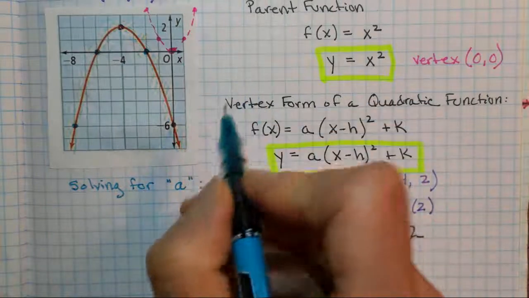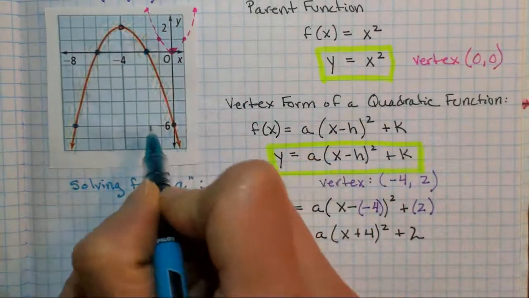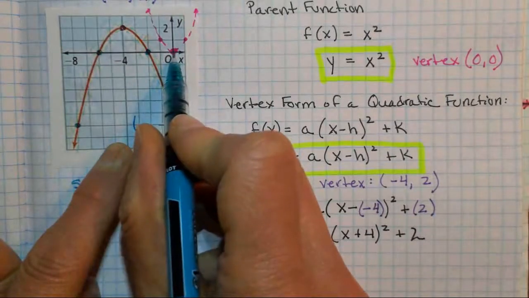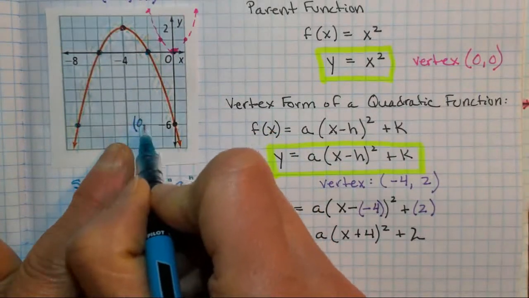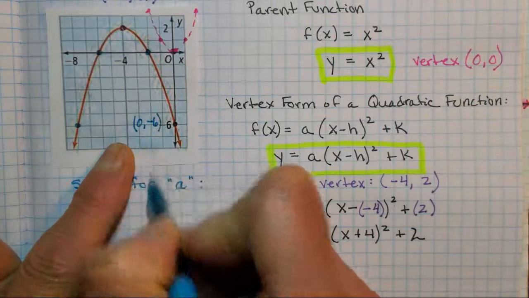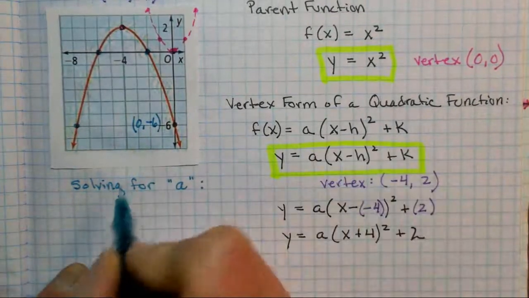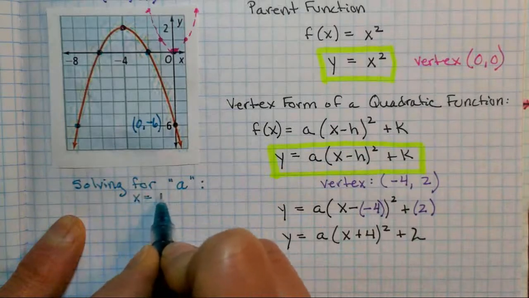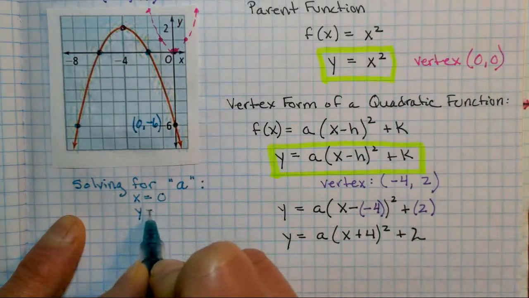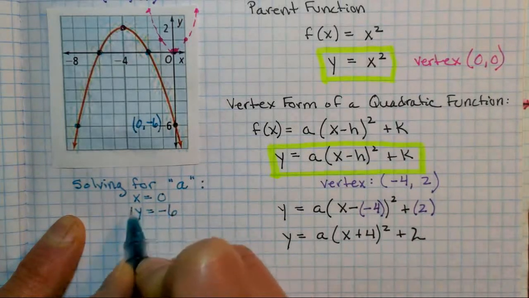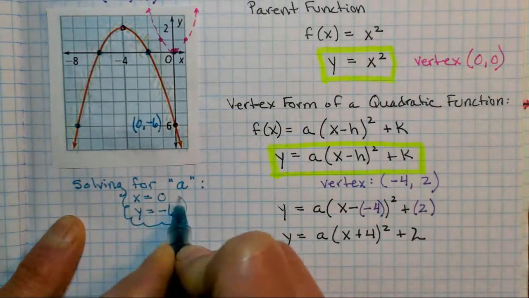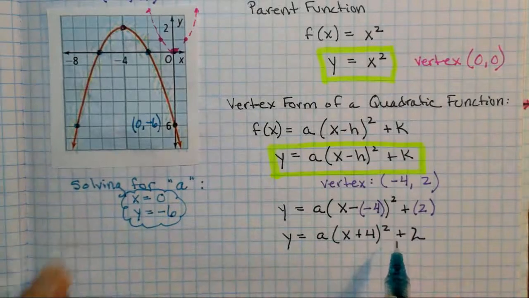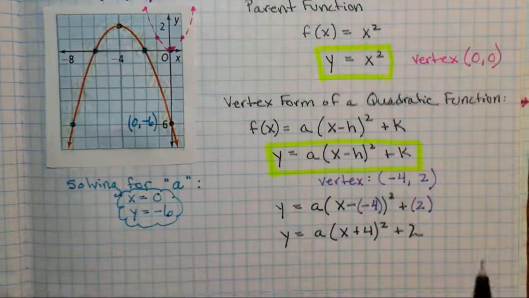So this here is the point where x is 0 and y is -6. So I'm going to substitute that into this equation over here to solve for a. So let's go ahead and do that.